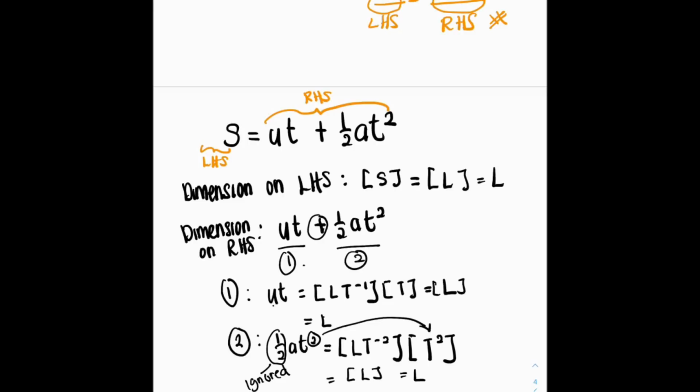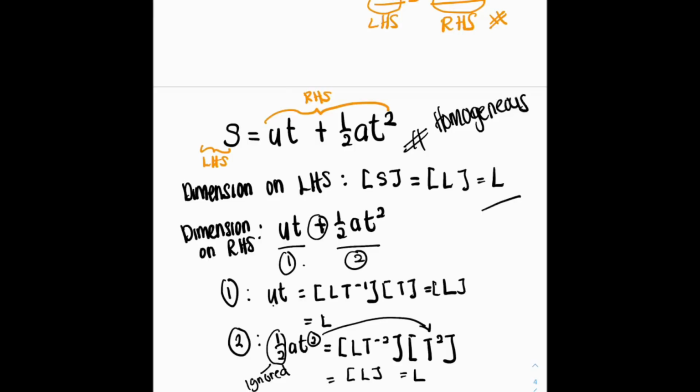And then your right hand side in general adalah L. Dan juga left hand side kita in general dia adalah L juga. So from here, I can say this equation is homogeneous. Sebab my left hand side is equals to my right hand side.